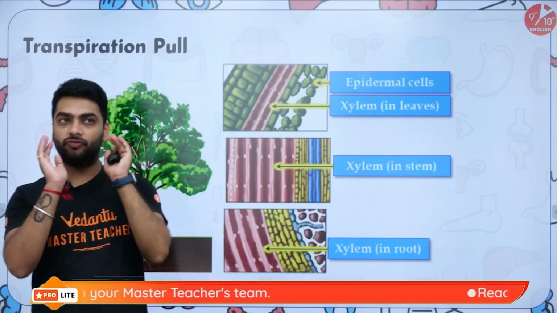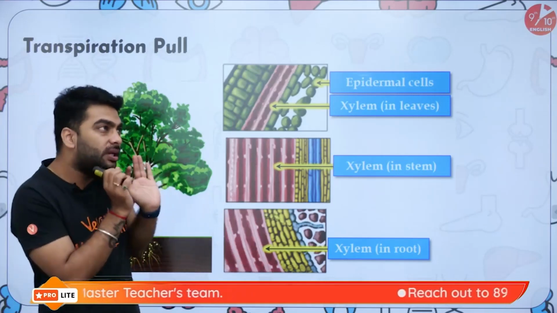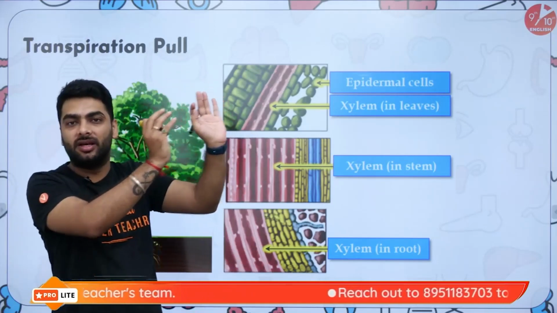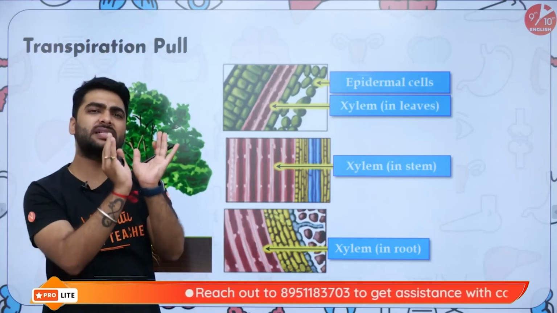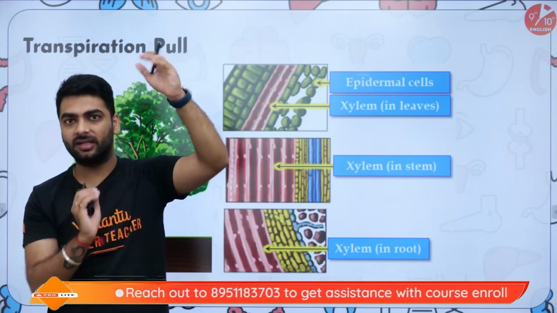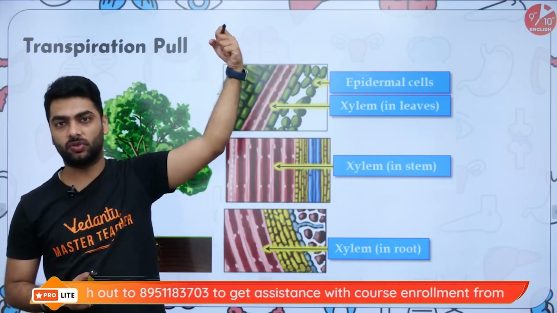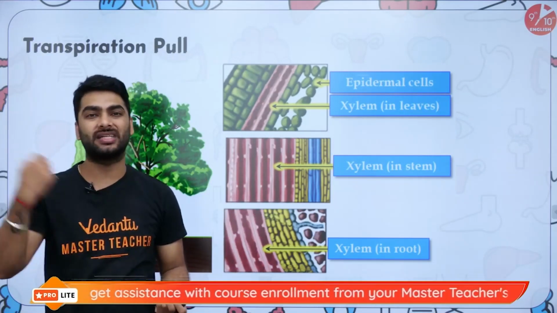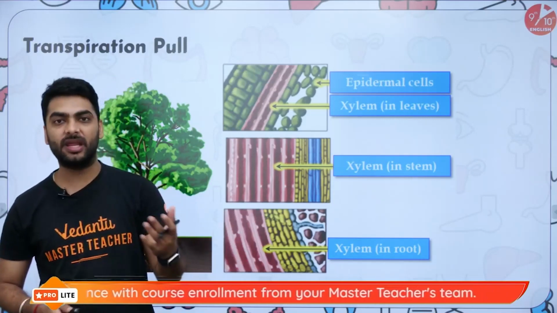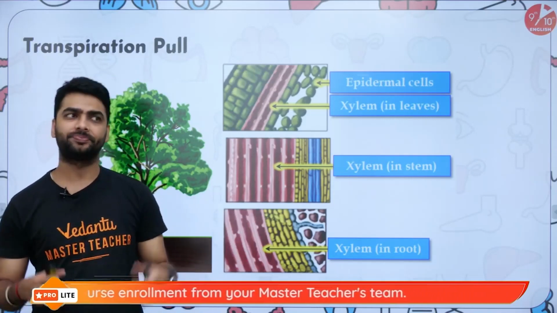See, the roots can only take the water to a certain height. Because of the root pressure in the xylem, the water can only go up to a certain height. Beyond that, if the water has to travel through the xylem upwards, which is against gravity, it needs some pulling force, it needs a motor, and the transpirational pull acts like that.